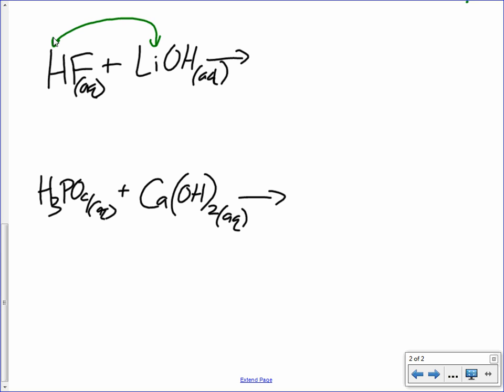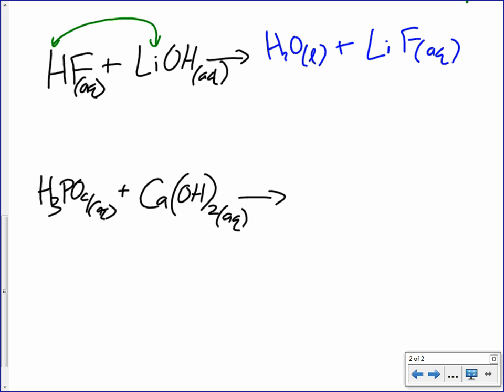Our products are going to be water, which is a liquid, and our salt, which in this case is going to be lithium fluoride. Okay, and this one's already balanced, so that's the nice thing. So, pretty easy there.